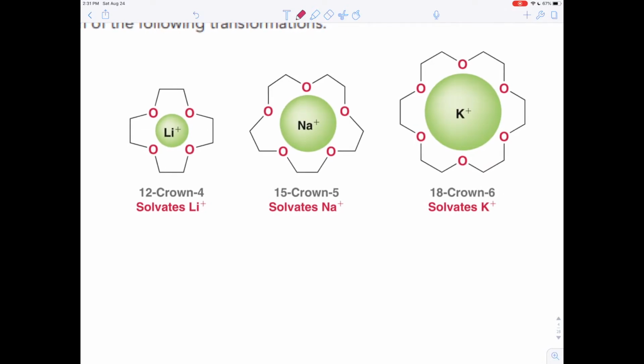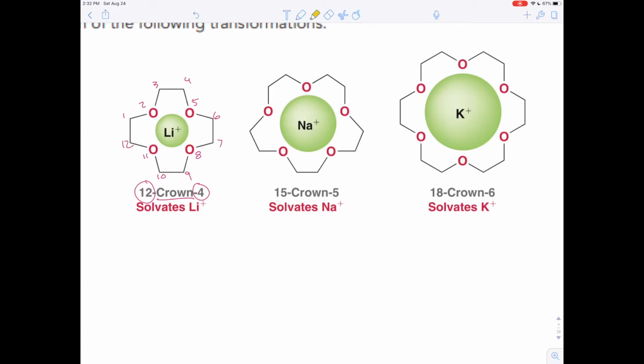The size of the crown ether, the number of atoms you include in it, allows for different sized cations to fit inside. Potassium is bigger than sodium, sodium is bigger than lithium. You could use a bigger crown ether to fit the bigger potassium in it. The way you name these, the first number is the total number of atoms, so 1, 2, 3, 4, 5, 6, 7, 8, 9, 10, 11, 12. Then always the word crown.